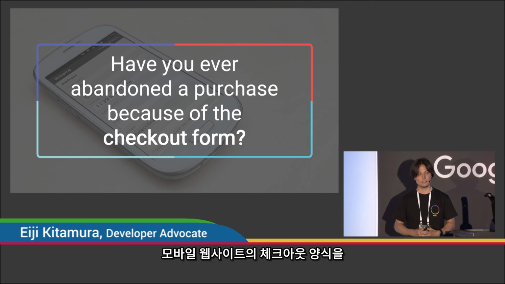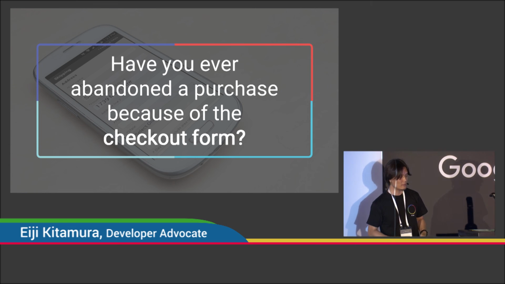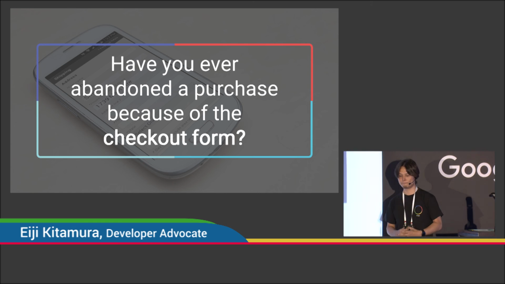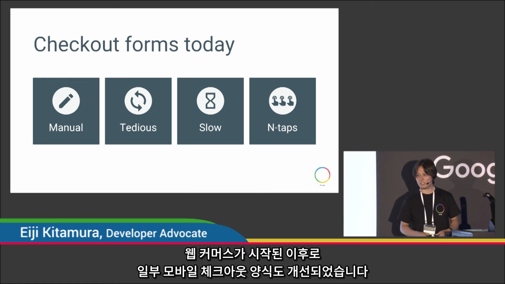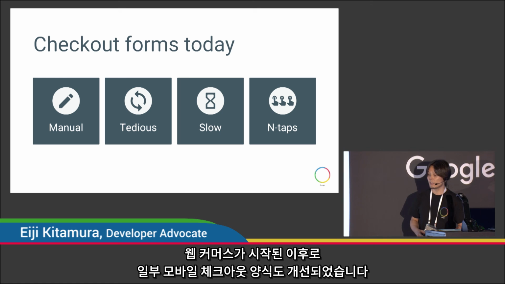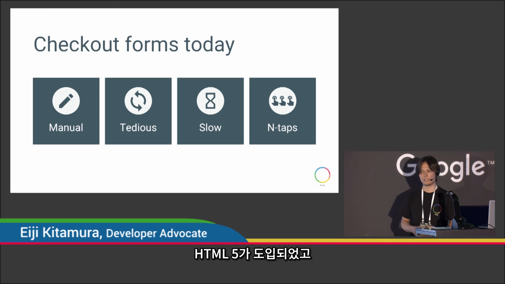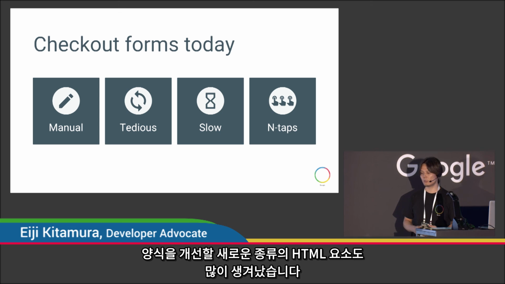We consider that the checkout form on mobile websites needs to be improved. Some checkout forms have improved since the beginning of web commerce. We have HTML5 and a lot of new HTML elements to help improve the forms.